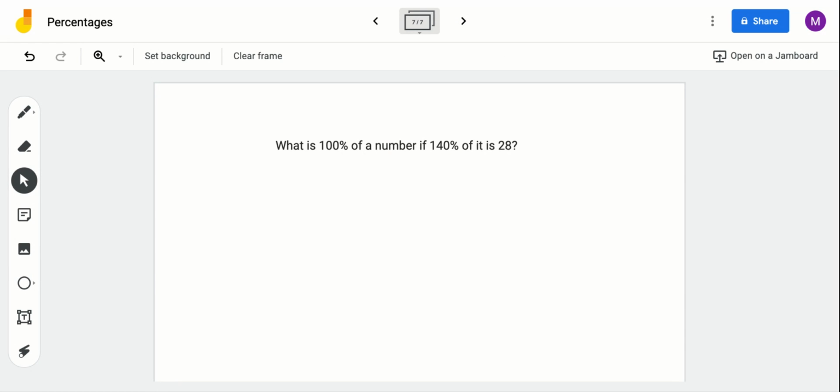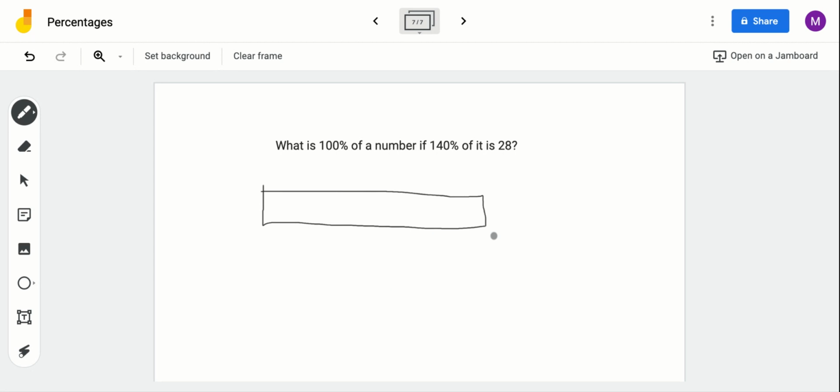So now, last example here, what is 100% of a number if 140% is 28? All right. So 140% equals 28. And I want to figure out what 100% is.